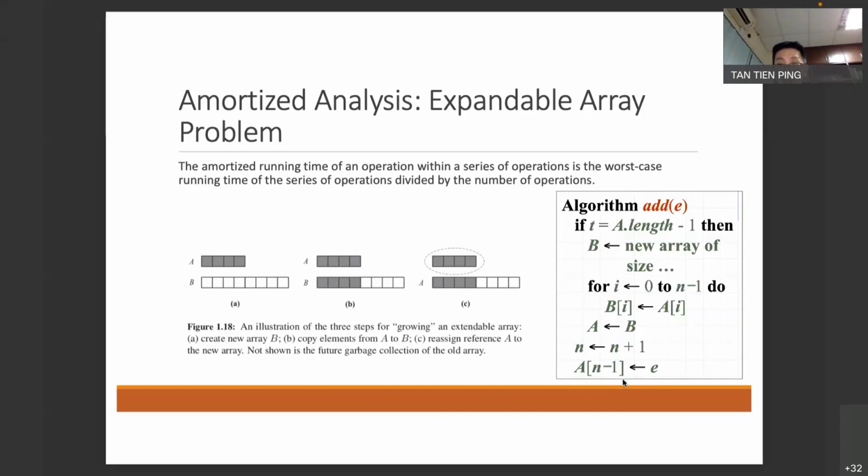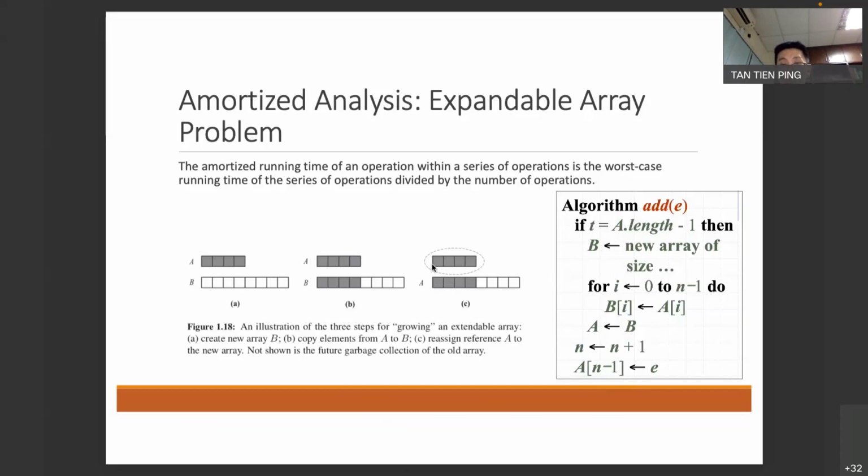So most of the time, you will notice that when we insert an item, it takes a constant amount of time. But there is a certain moment when it takes more. So when is that moment? The moment is when the array is full.